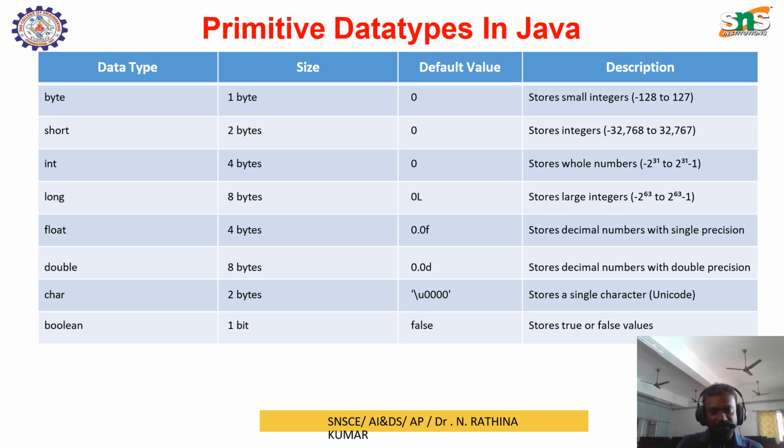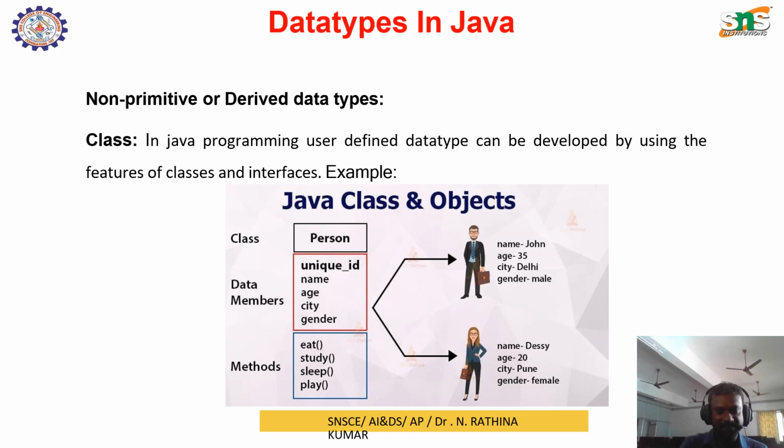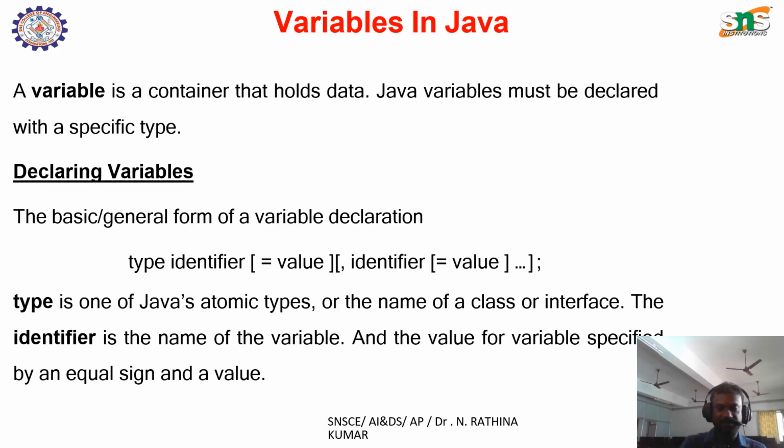In this table, we have four columns: first one is the name, then size, default value, and the description. These are non-primitive data types or derived data types. The examples are array and class, that's all.